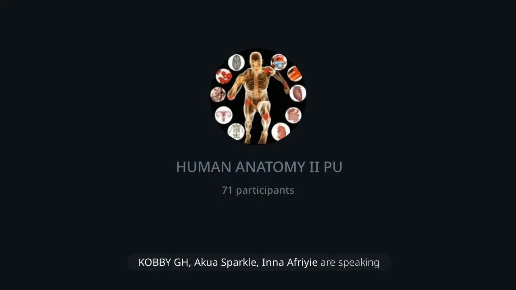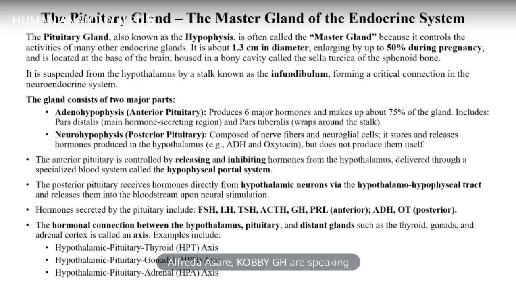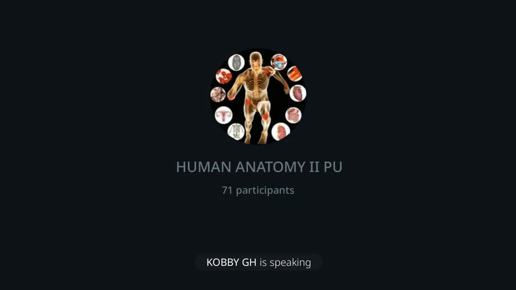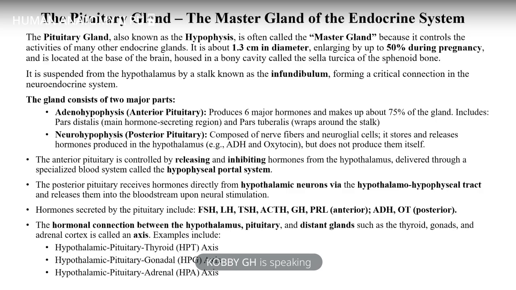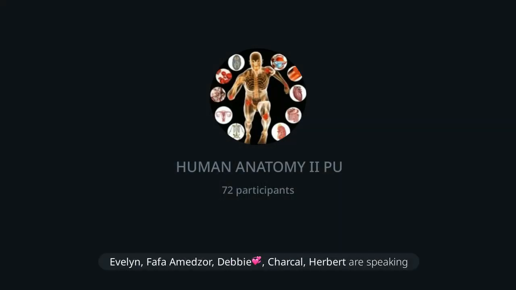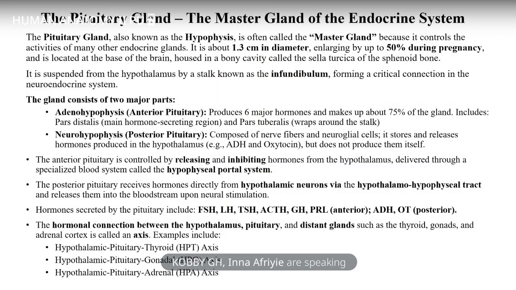Let me see who will get it. Which cells in the pituitary gland produce the follicle stimulating hormone and luteinizing hormone? The gonadotrophs. Gonadotroph cells.